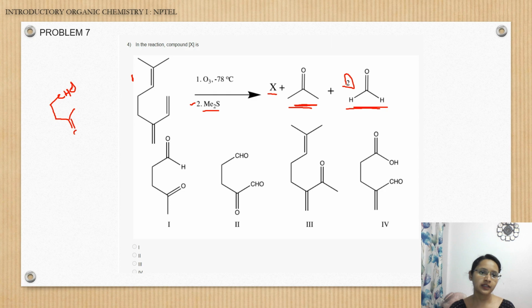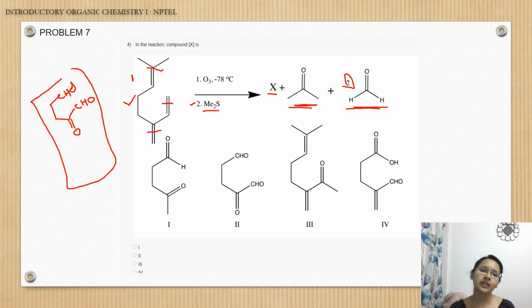Here you will have a ketone that is coming from alkene number 2, and again here you will have a CHO coming from alkene number 3. Right, this part is attached to this particular chain, but these fragments are getting detached from this chain. That is why you are getting it as a byproduct. So one by one we have discussed how each alkene is going to react with ozone, and you will get a product that is this.